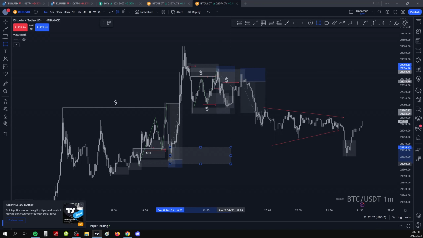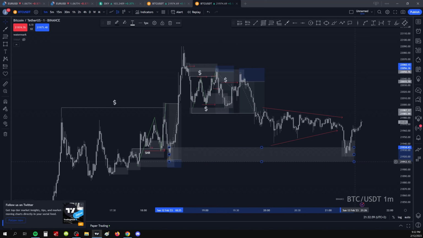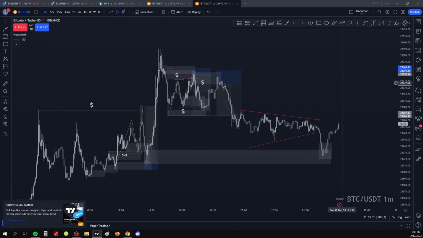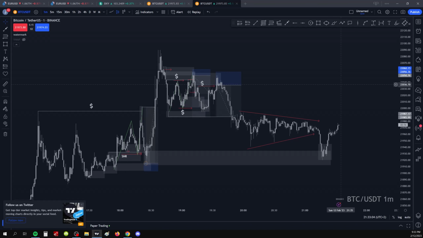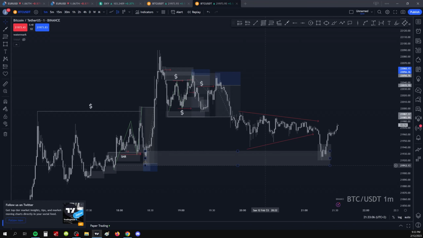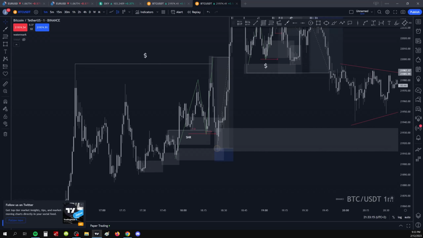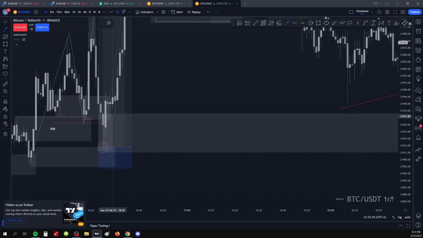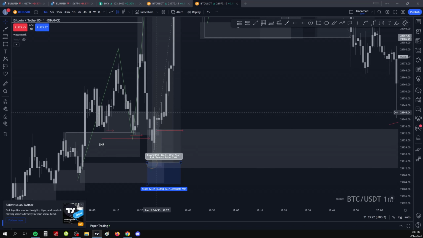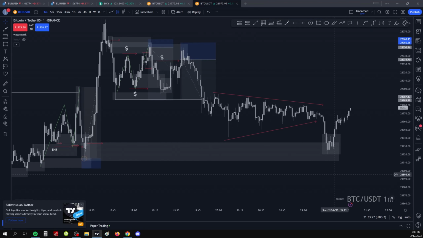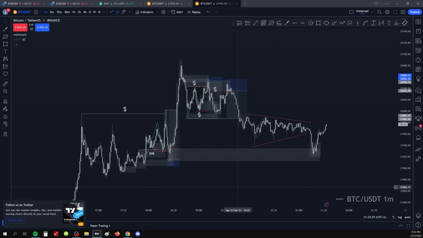We mitigated this. Because this took out this inducement. We also have additional liquidity here. And this can now move up.